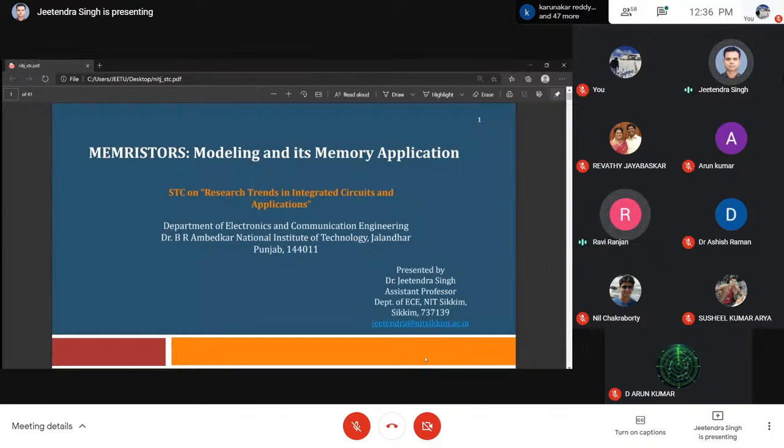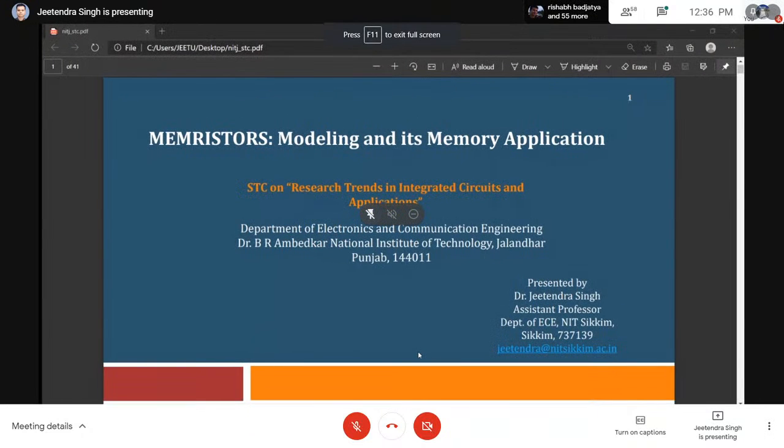Next speaker is Dr. Jitendra Singh. He is currently working as an assistant professor in the Department of Electronics and Communication Engineering at National Institute of Technology, Sikkim. Also, he worked in the same position in the Department of ECE at NIT Kurukshetra from 2012 to 2013 and NIT Jalandhar, Punjab from 2013 to 2015.